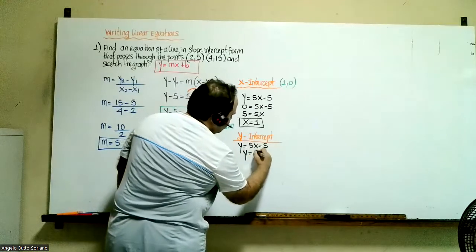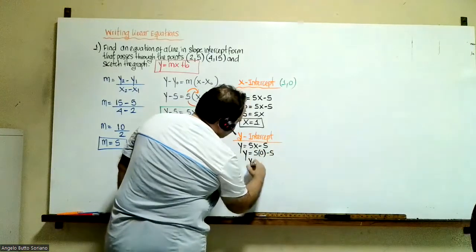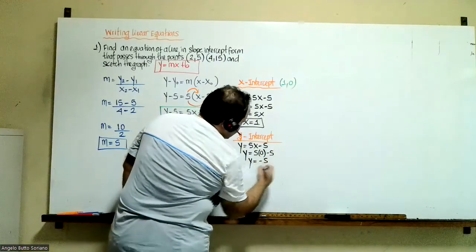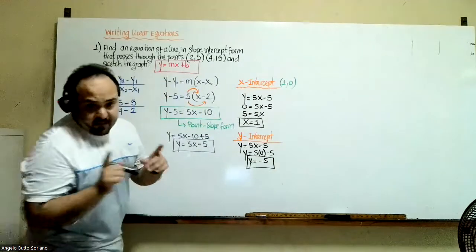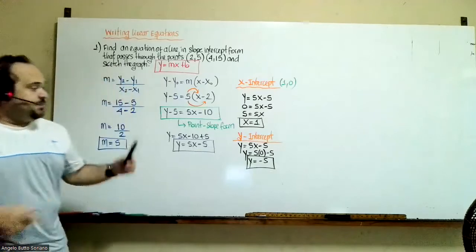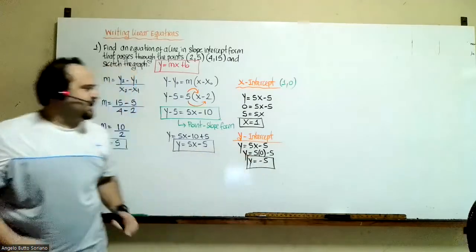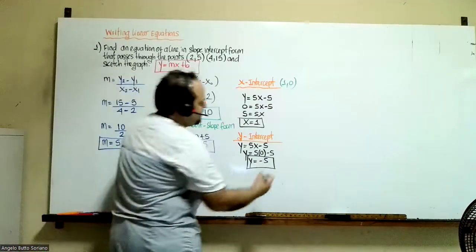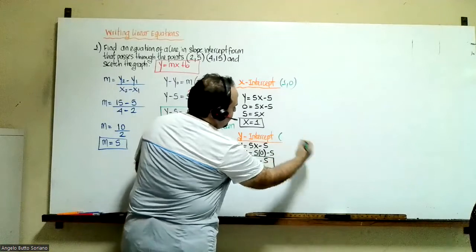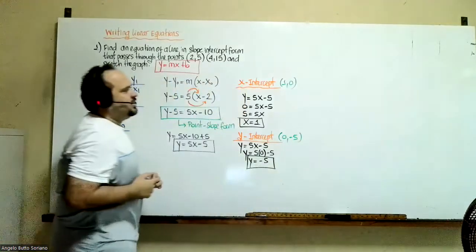So y equals 5 times 0 minus 5. The answer is negative 5, because 5 times 0 is 0, and subtracting 5 gives negative 5. The y-intercept is given by (0, -5).